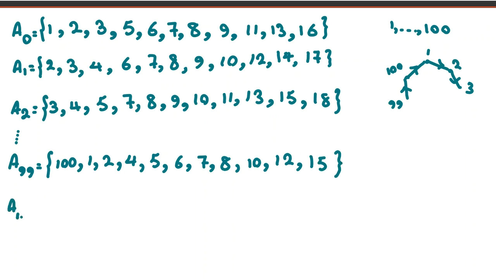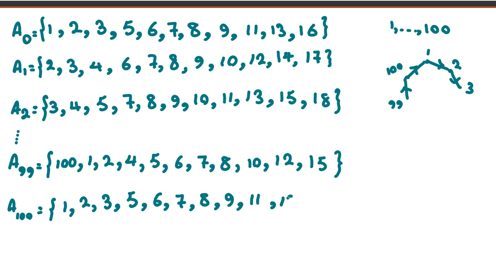And if I write A100, it will be 1, 2, 3, 5, 6, 7, 8, 9, 11, 13, 16. So we see A100 is the same as A0.